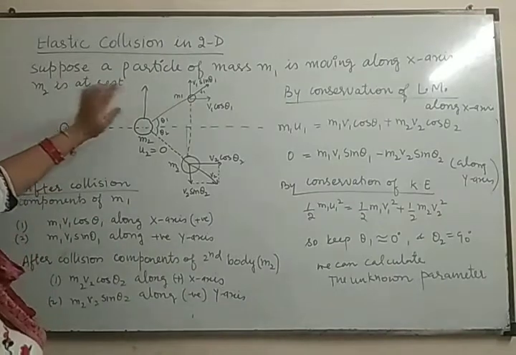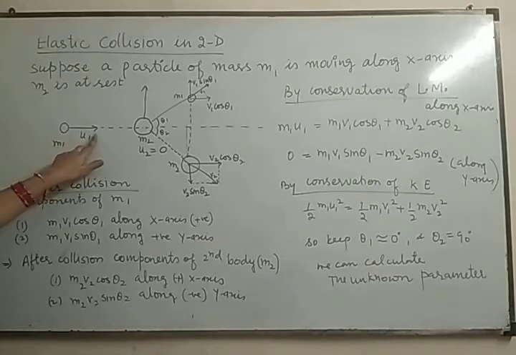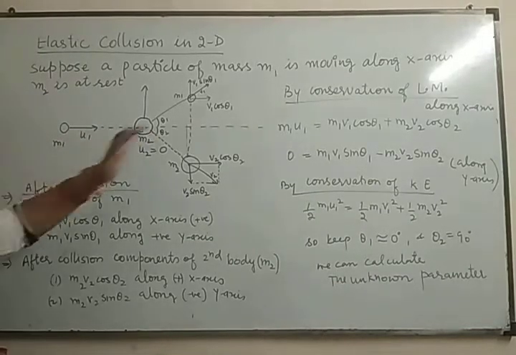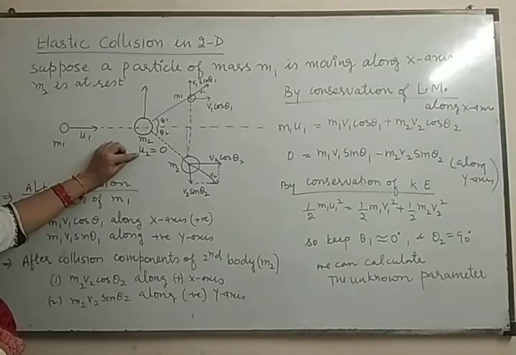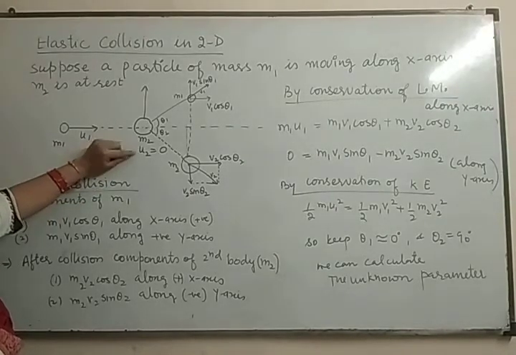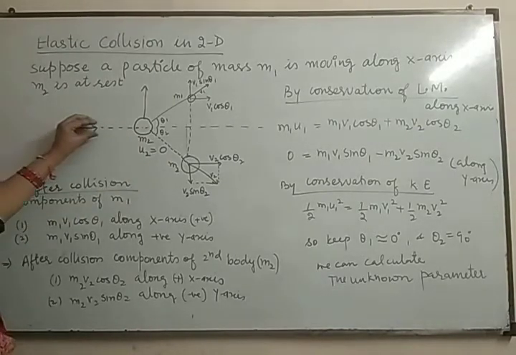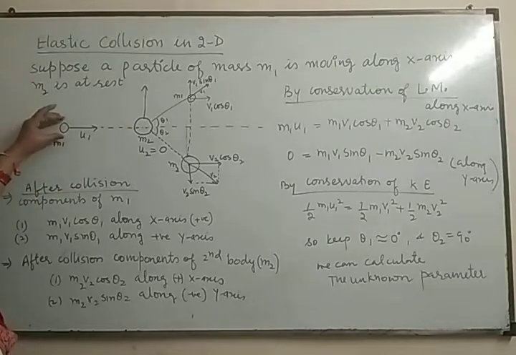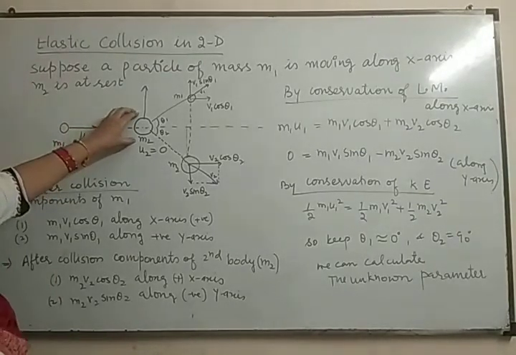two dimensions. Suppose a particle of mass m1 is moving with velocity u1 along the positive x-axis, and the second object m2 is at rest, that is, u2 is 0. When the first object approaches the second object, it imparts some momentum to the second object. What will happen?